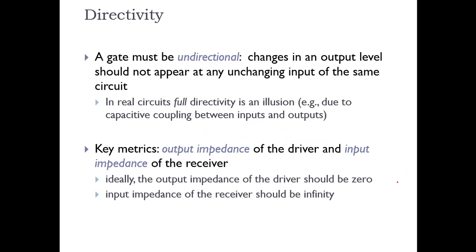The other thing is directivity. A gate must be unidirectional. What this means is that any changes in the output should not appear at any unchanging input. So the output should not affect the input.